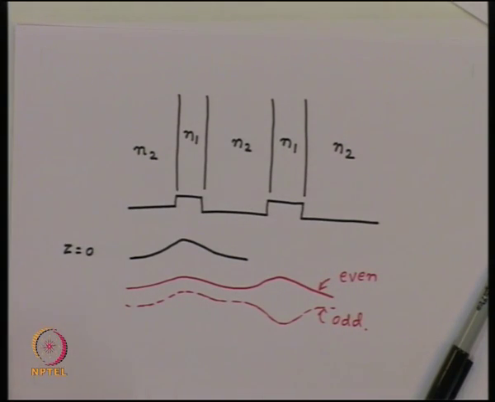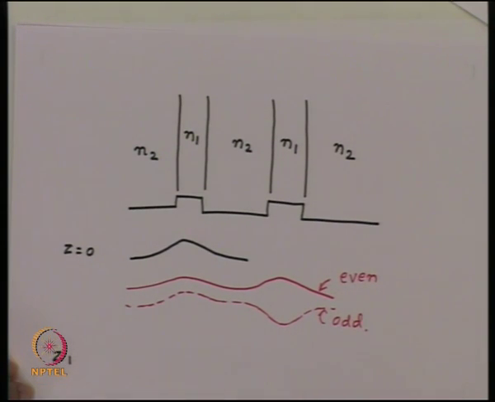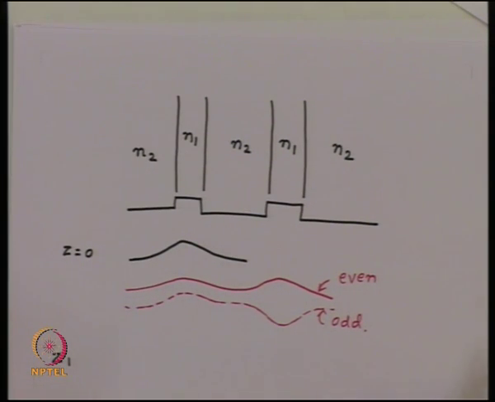So, if I go to certain value of z, at some z1 such that the phase difference between these two fields has become 180 degrees, then at this location the even and odd function would become like this.